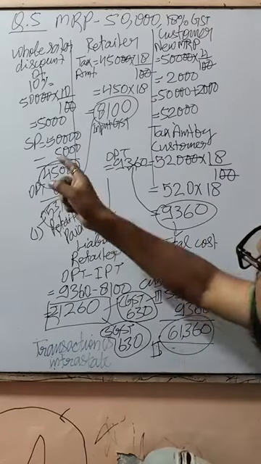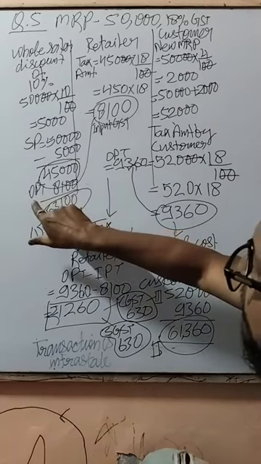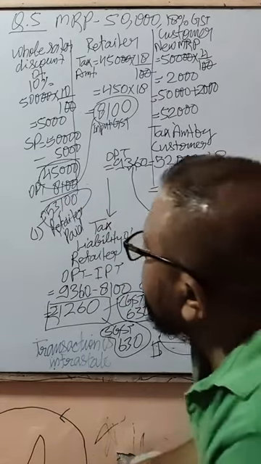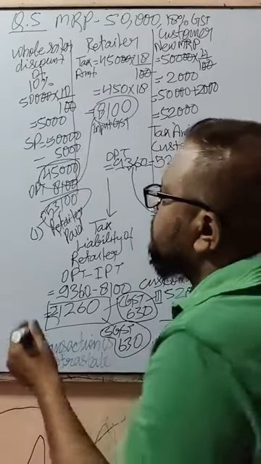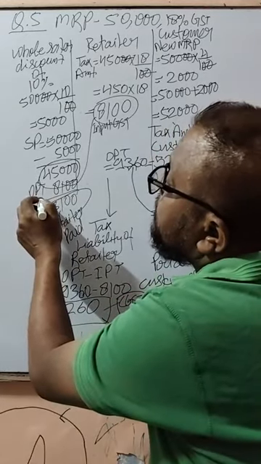Here is input tax. Now it is output tax. He is getting output tax. This output tax is 8,100. So when you make half of it, it is 4,050.